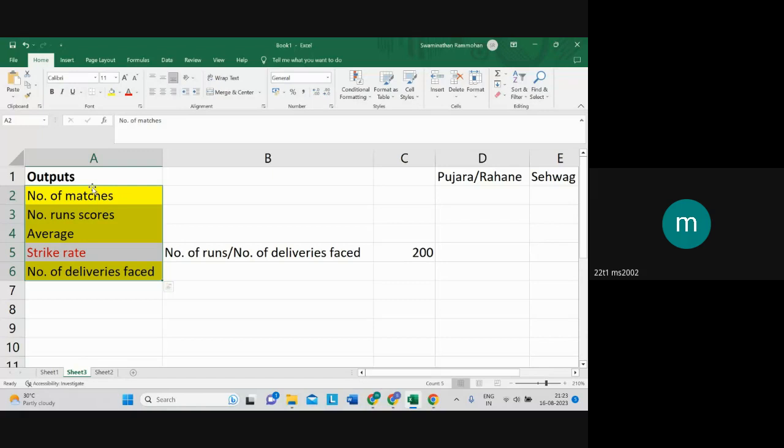I know many of my friends who have done this. Just use DEA as a tool. But the unique contribution comes from identifying a unique set of inputs and outputs. So it has to be exhaustive and unbiased. You cannot ignore strike rate for Pujara and Rahane, and you cannot ignore something like number of deliveries faced for Sehwag. It has to be completely unbiased. But each person has the flexibility to give weightage for a set of features.